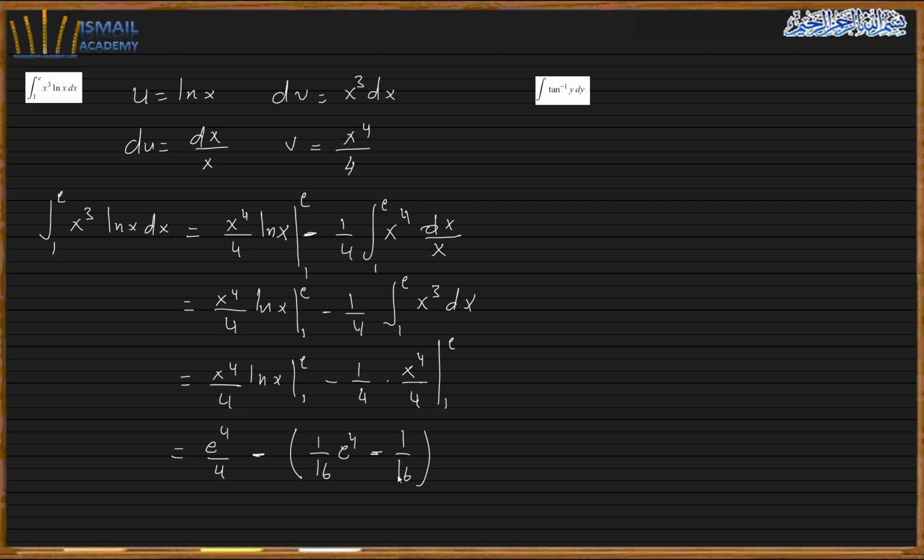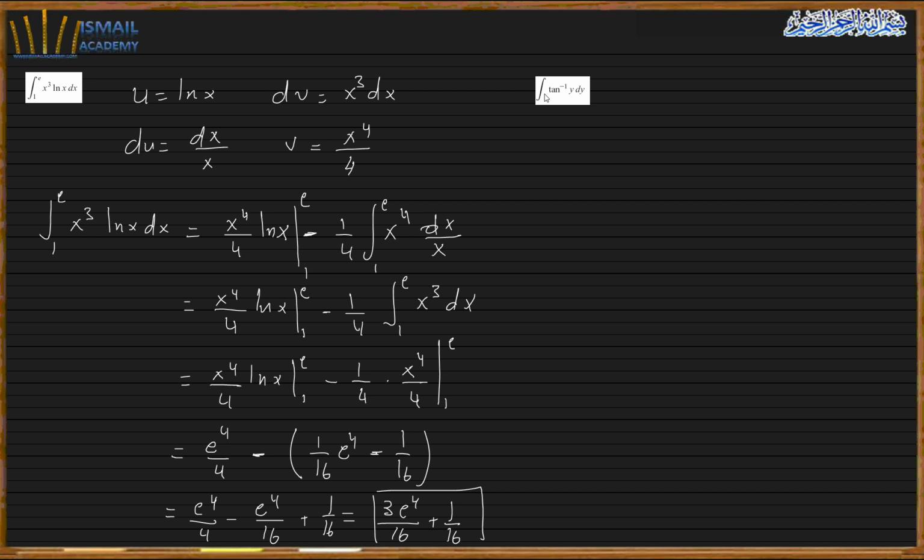So I distribute the minus here, so I get e to the 4 over 4 minus e to the 4 over 16 plus 1 over 16. So here it becomes my common denominator, so it's going to be 3. 4 minus 1 is 3, so it's going to be 3e to the 4 over 16 plus 1 over 16, and this will be your final answer.